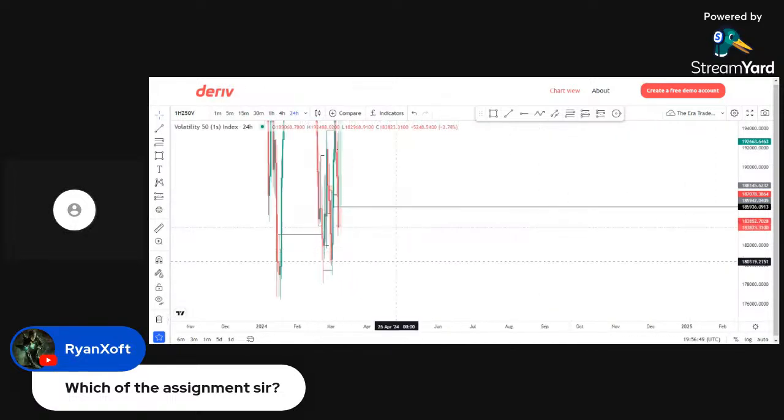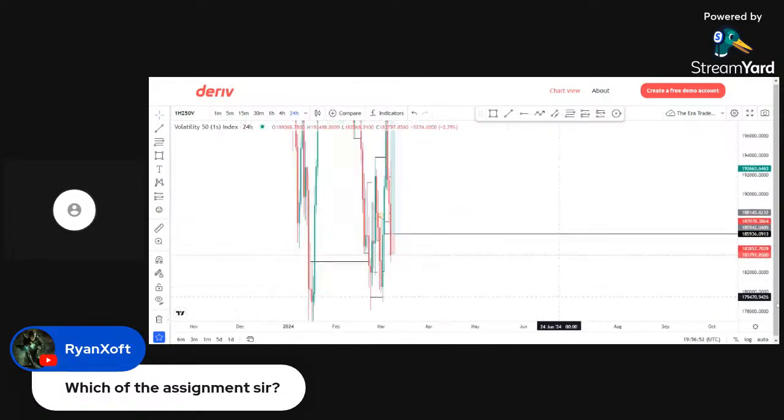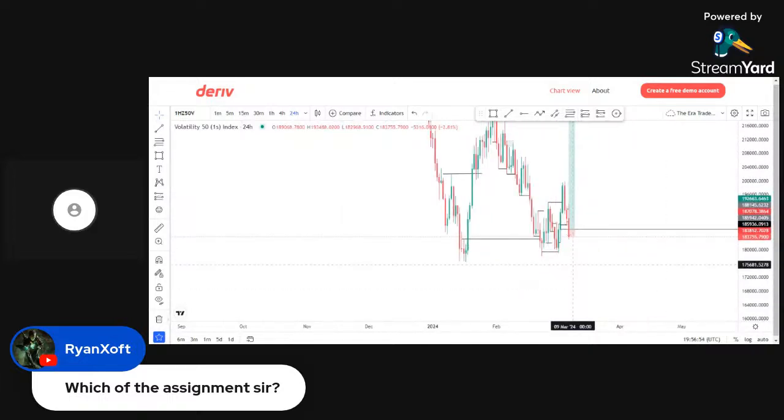The price has gotten to our region. I want to buy from our objective.